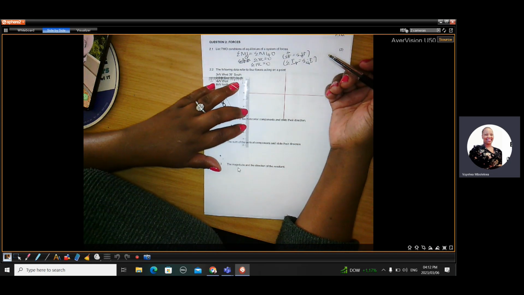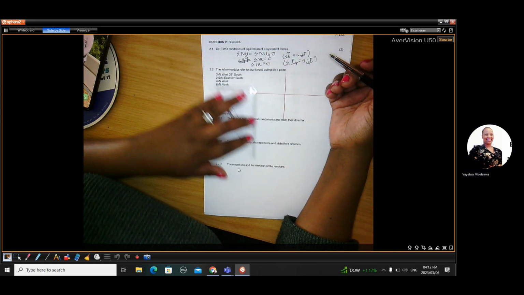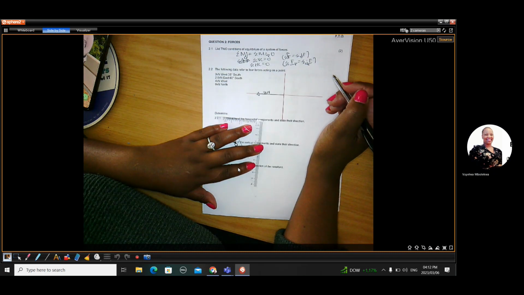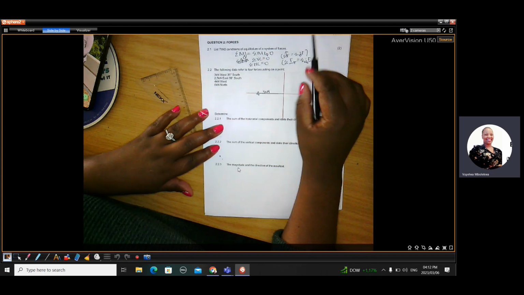It says the 3 kilonewtons west of south, 35 degrees.